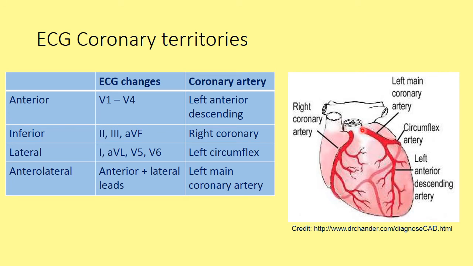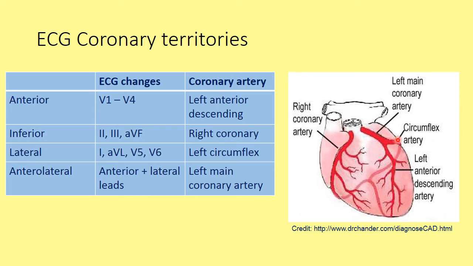When you look at the vasculature of the coronary arteries, the right main coronary artery and left main coronary artery branch off at the start of the ascending aorta, and then the left main coronary artery separates into the circumflex artery and the left anterior descending artery.